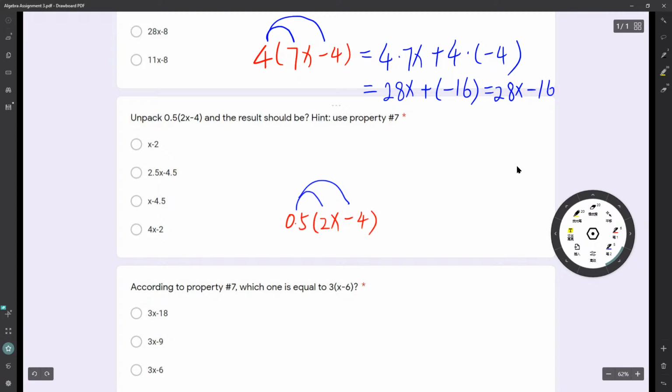So it's going to be 0.5 times 2x plus 0.5 times negative 4. 0.5 times 2 is 1, so 1x, and then plus 0.5 times negative 4. If you are good at mental math, you can do it, or else we can use the calculator. So let's use the calculator.